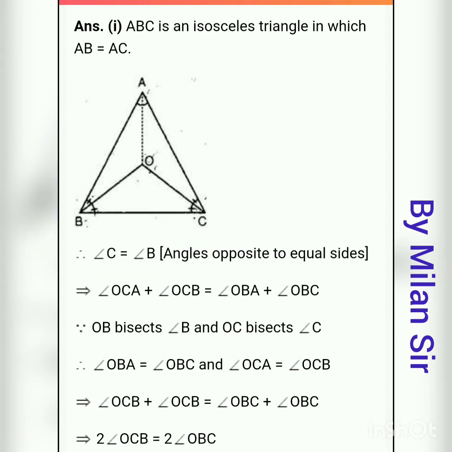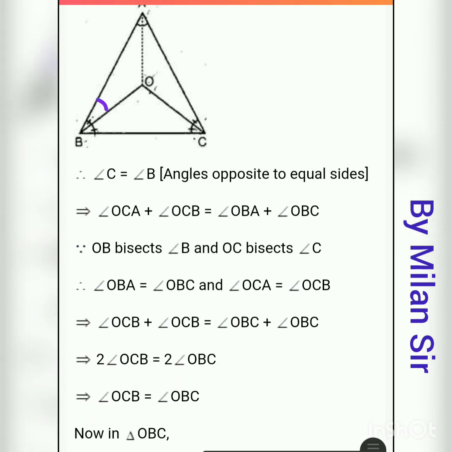Okay, now OB bisects angle B and OC bisects angle C. It means these two parts are the same. So angle OBA equals OBC. Same thing, OC bisects angle C, that means these two angles are the same: OCA equals OCB, right? So now here we have OCA plus OCB.